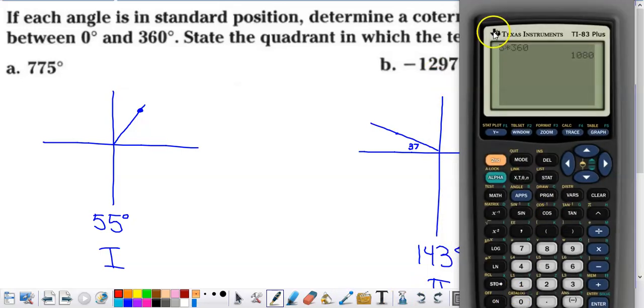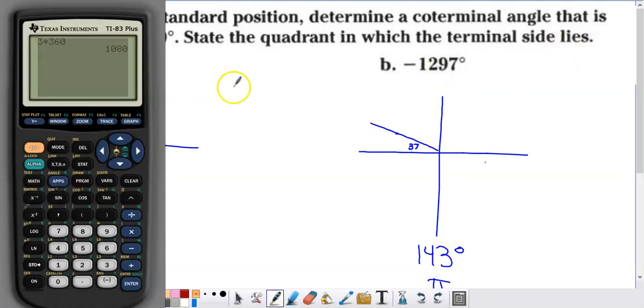So if I've gone 1080, which is 3 trips around the circle in the negative direction, how much further do I have to go to get to 1297 total? Well, if I just take 1297 and subtract off the 1080 I've already gone, what I end up with is 217. So let's see, I've done 3 trips around the circle.